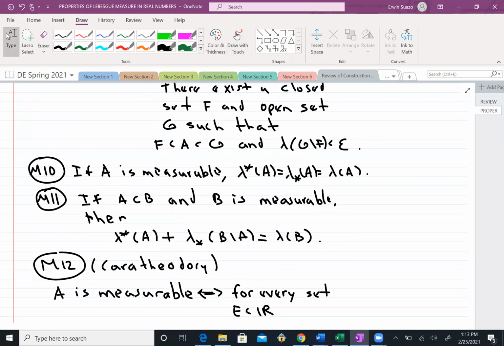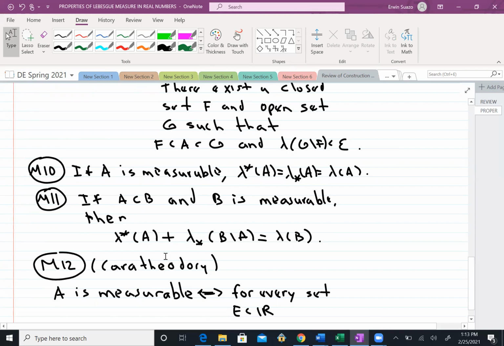And property 10, that is probably the relief, is that if A is measurable, the outer measure and the inner measure are the same as the Lebesgue measure. So basically, if the set is a good set, you are okay just calculating the outer measure or the inner measure, and that's a relief.